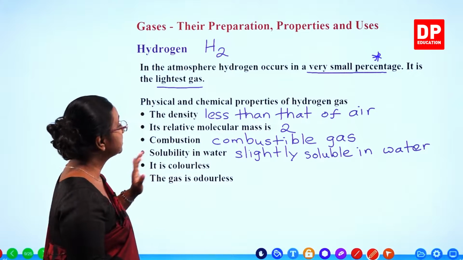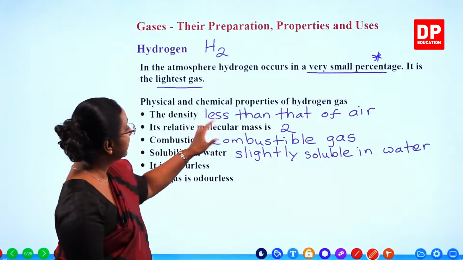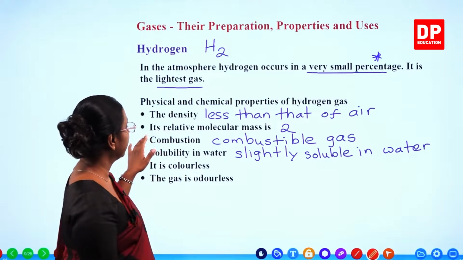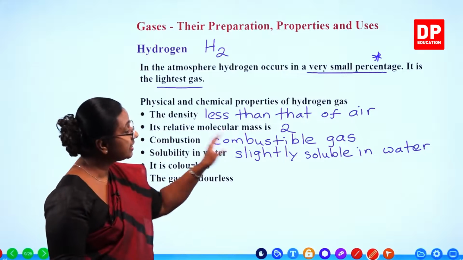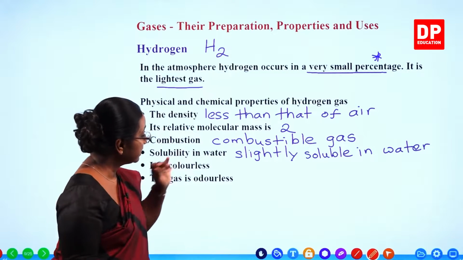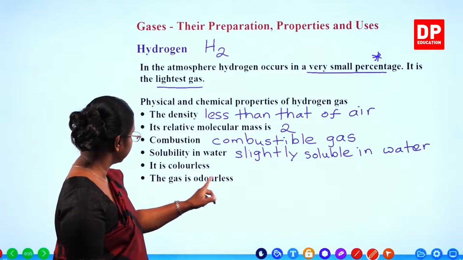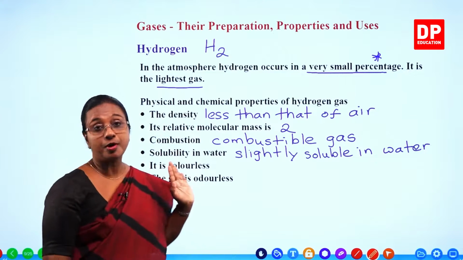So these are the physical and chemical properties. Mostly physical properties, the density is less than that of air, then the relative molecular mass is 2. But combustion, it is a combustible gas, that is of course a chemical property. It is slightly soluble in water, it is colorless, and the gas is odorless. So those are the properties.